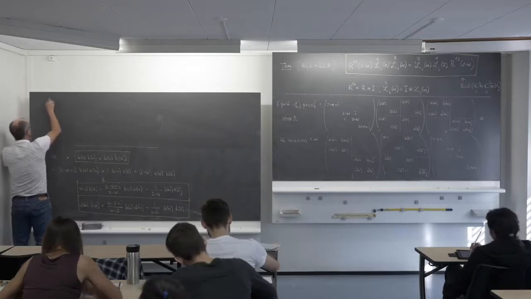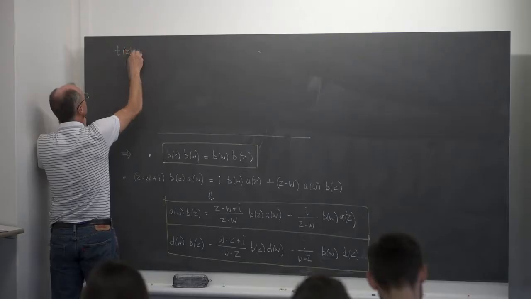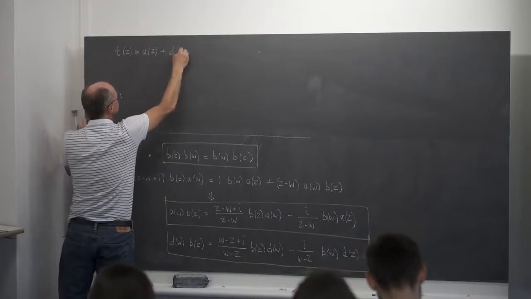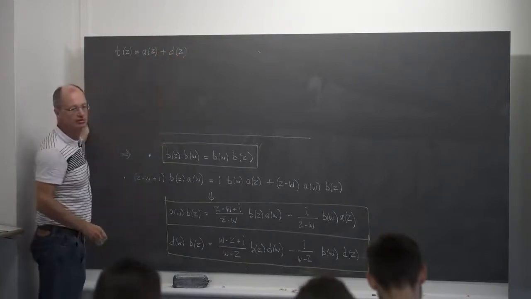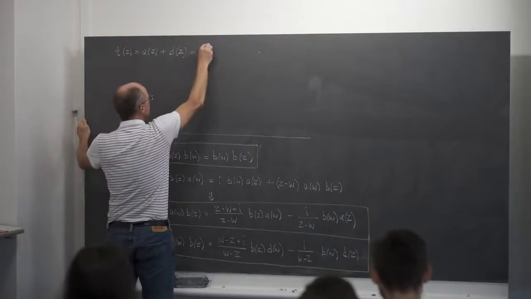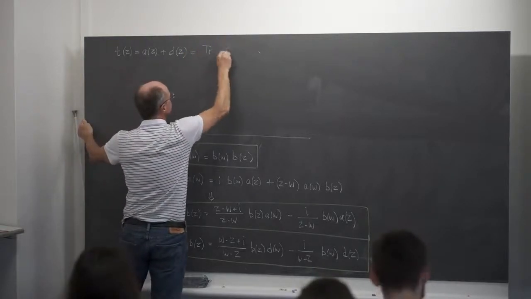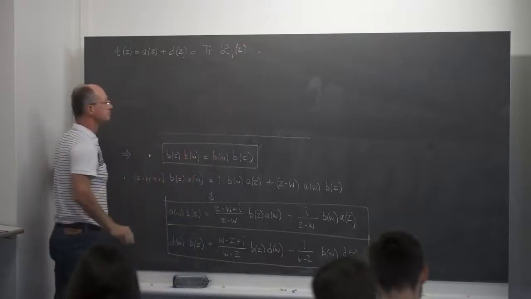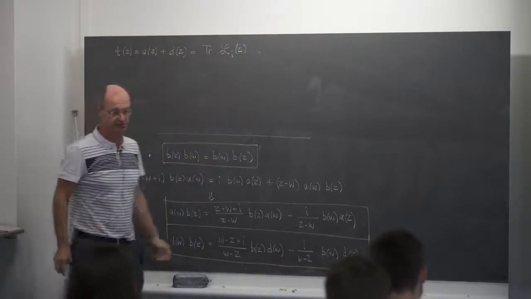So let's introduce a new notation for A of z plus D of z. So this is actually the trace of the matrix L of z.